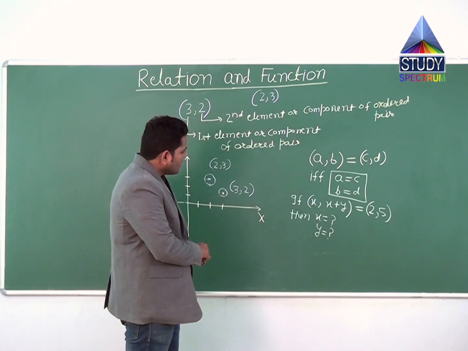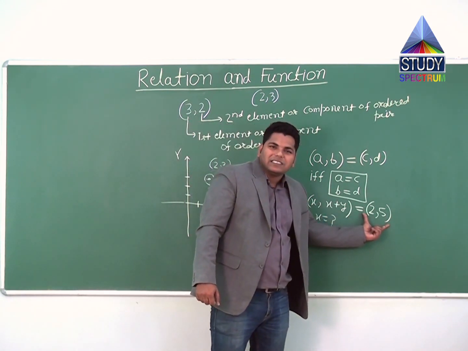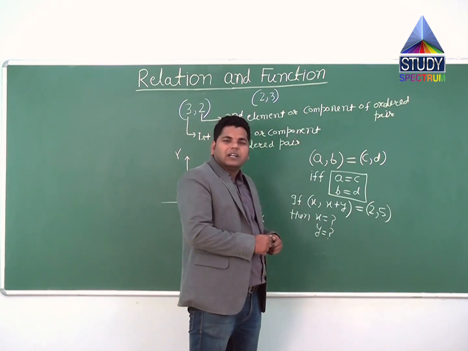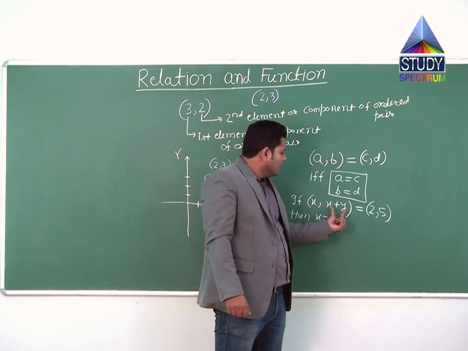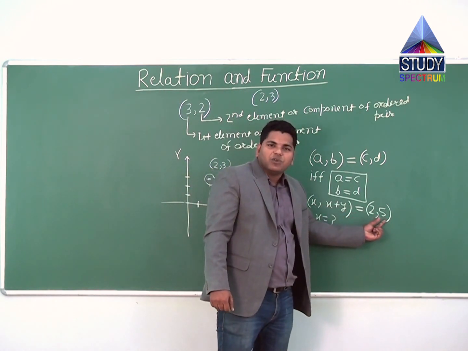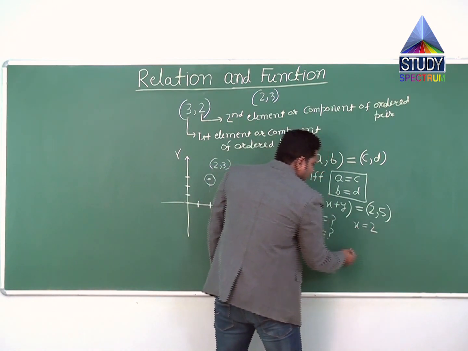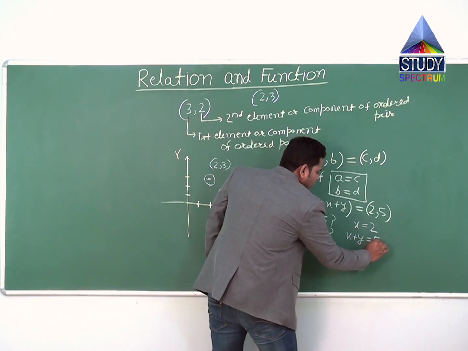So this ordered pair and this ordered pair are equal to each other. It means the corresponding components will be equal to each other. It means x will be equal to 2 and x plus y will be equal to 5.